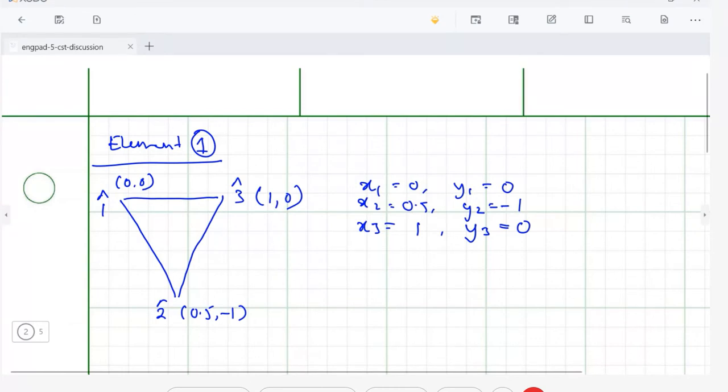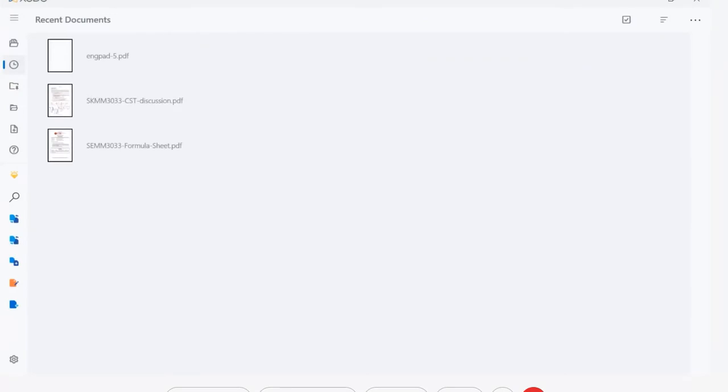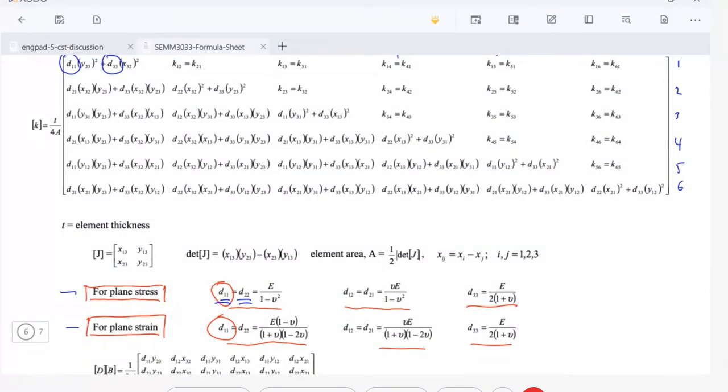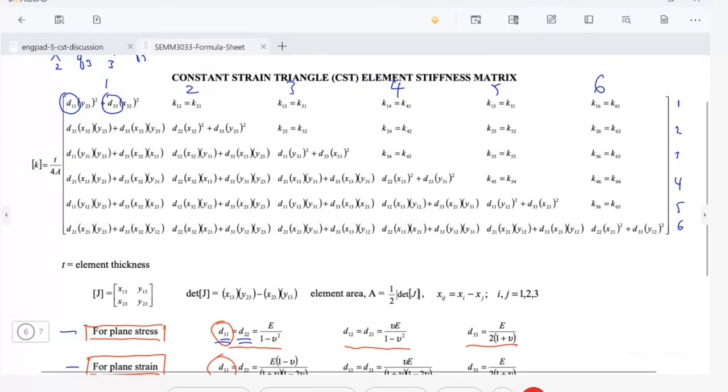So what else do we need in the formula? We also need this. We get J, calculated D11 and so on, and we also need Y23, X32, and a lot of other things here. What are all these numbers?